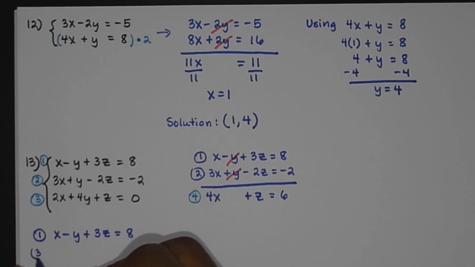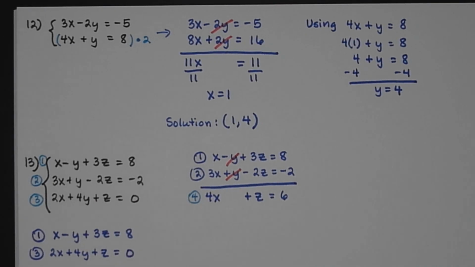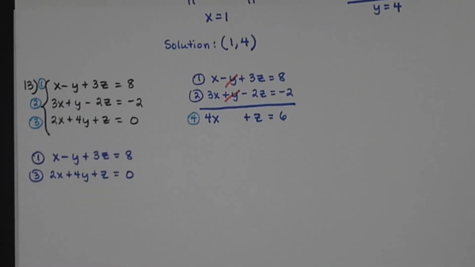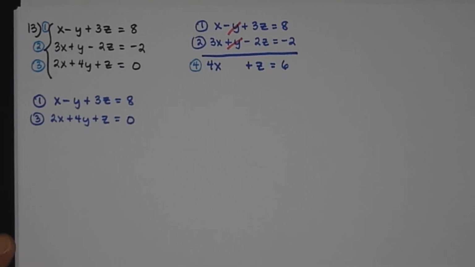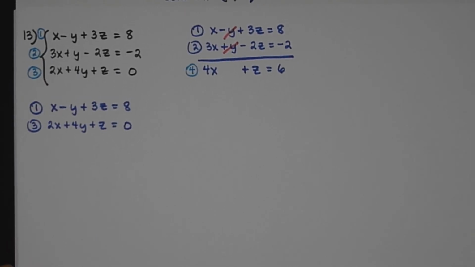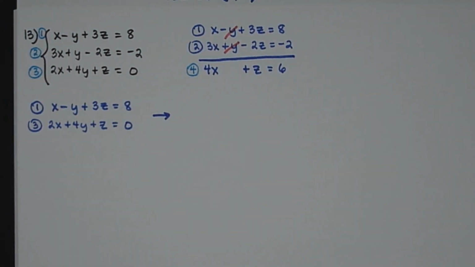Equation 3 is 2x plus 4y plus z equal to 0. Now, I'm going to eliminate the y.